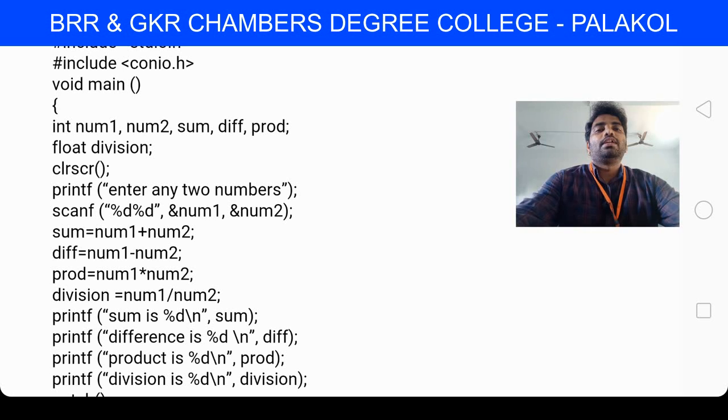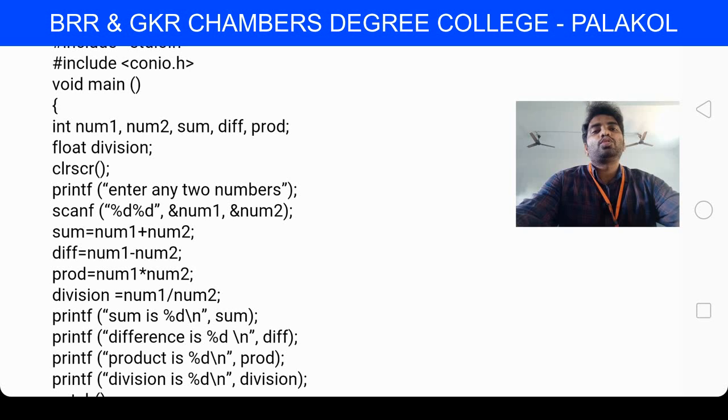Next, int variables number1, number2, sum, difference, product; and float division. Next, print enter any two numbers.